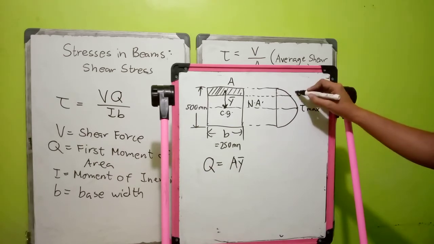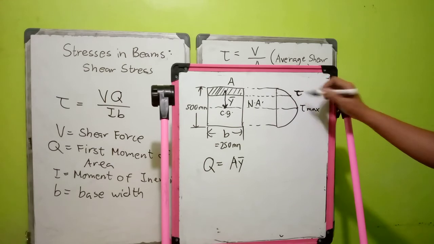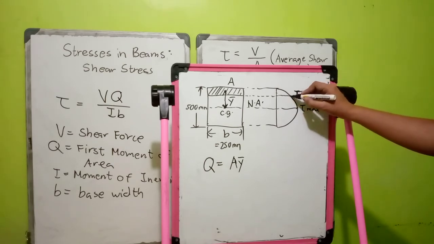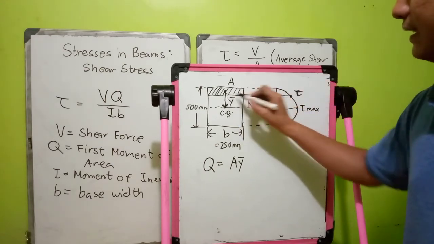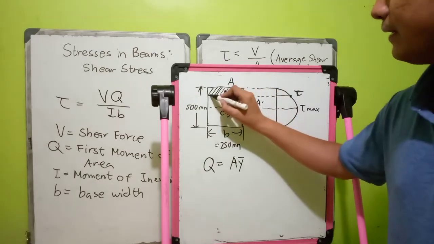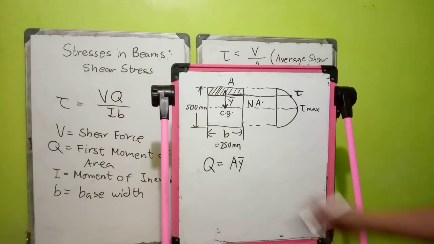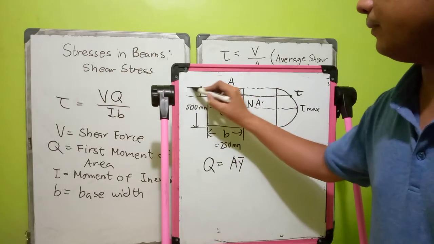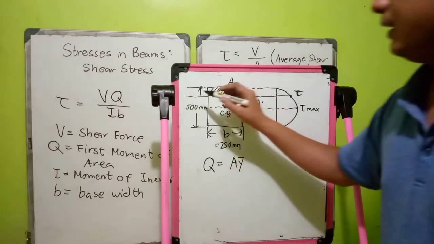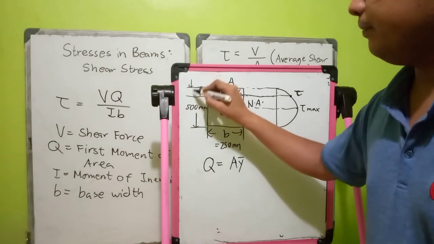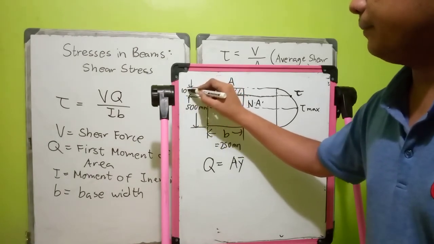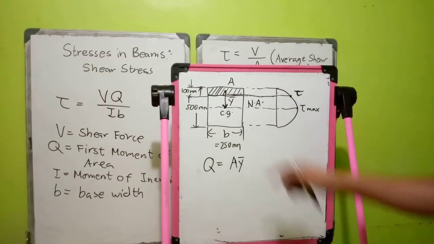So if you want to find the shear at this location, let us say that you want to find the value of your shear stress 100 mm from the top.